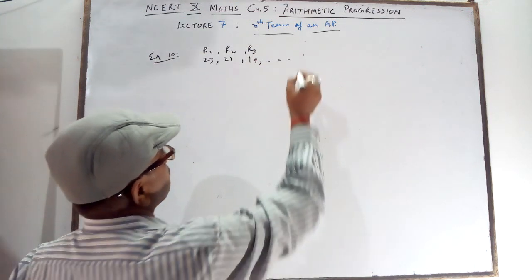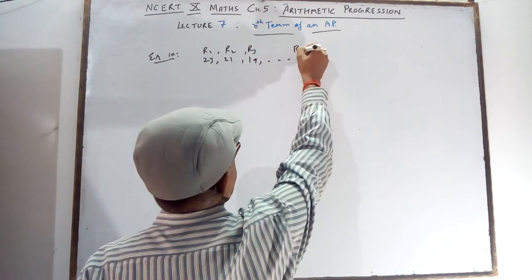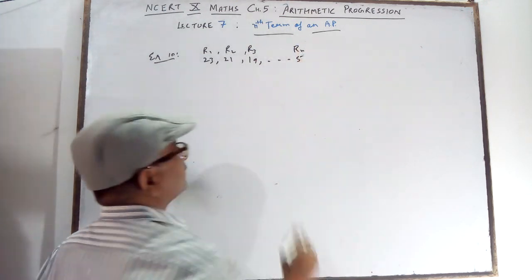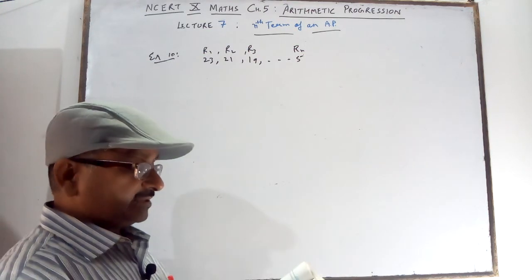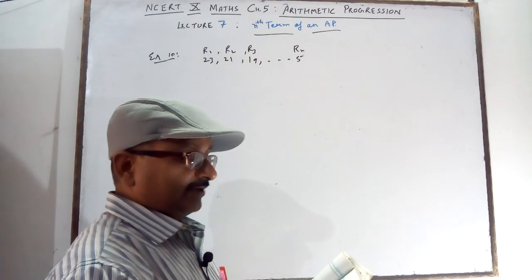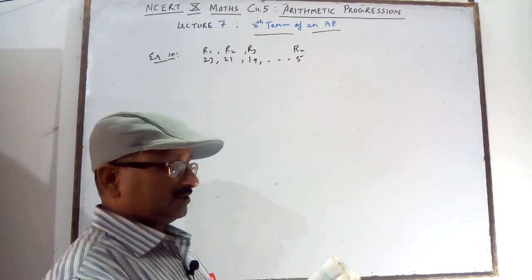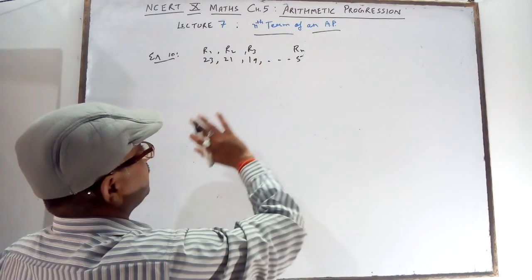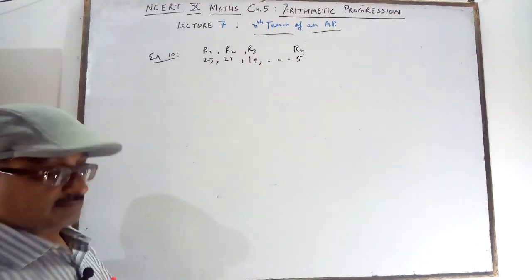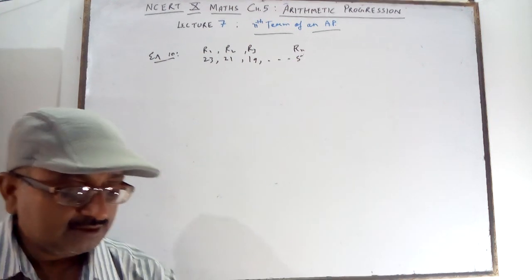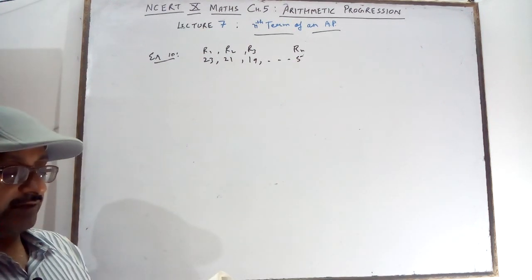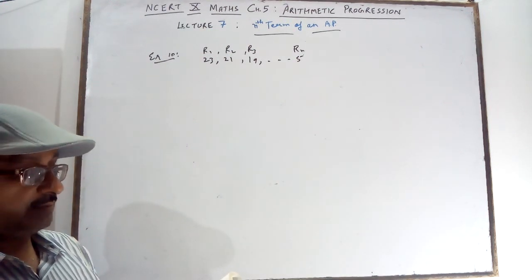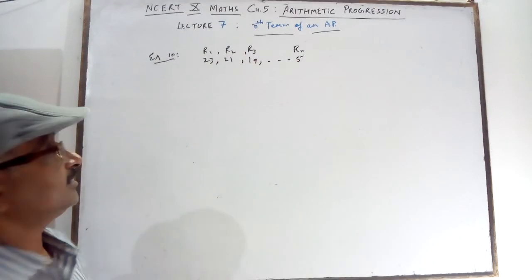At the last row, Rn, it is given 5. There are 5 rose plants in the last row. How many rows are there in the flower bed? The question is given very simply: how many rows are there with this information?